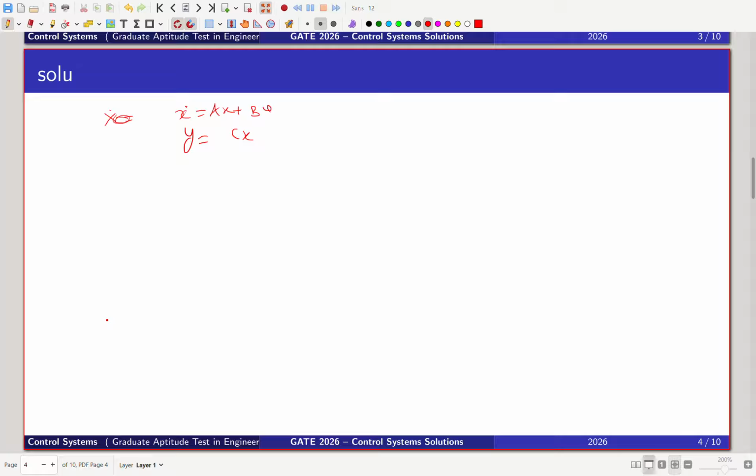Taking the Laplace transform, we get sX(s) minus x0, and the initial condition is not there, so it is 0. And Y(s) is equal to CX(s).